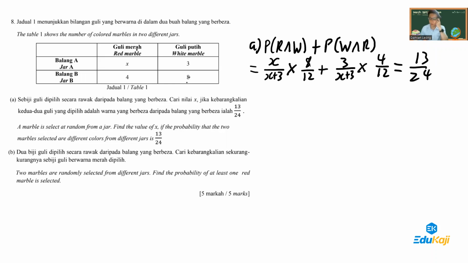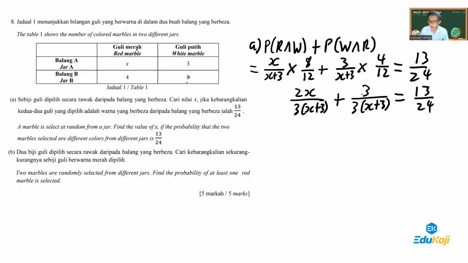Let's simplify this. 8 over 12 is 2 over 3, means 2x over 3 times x plus 3, plus this one is 3 over 3 times x plus 3 goes 13 over 24, which I can combine here because same denominator.